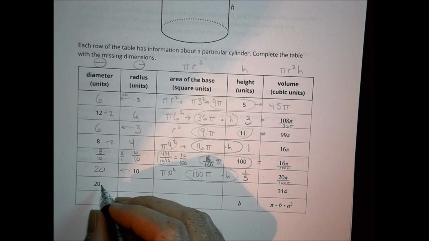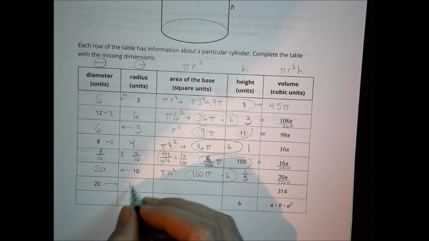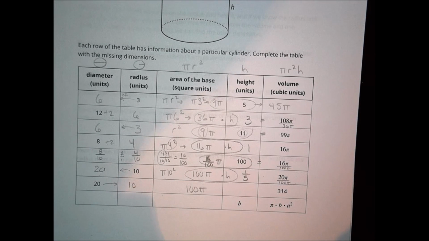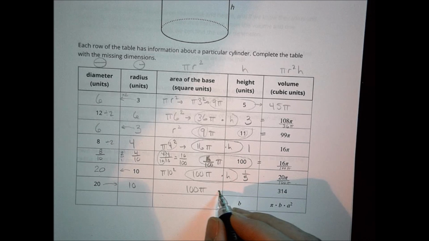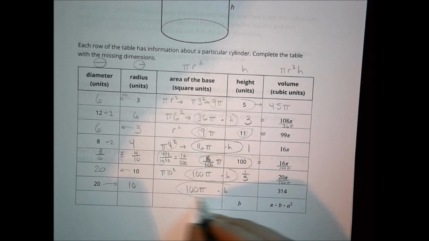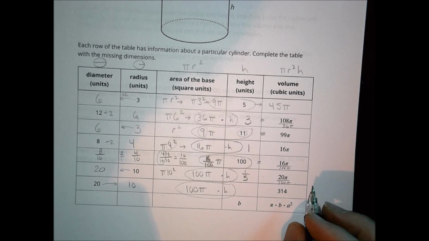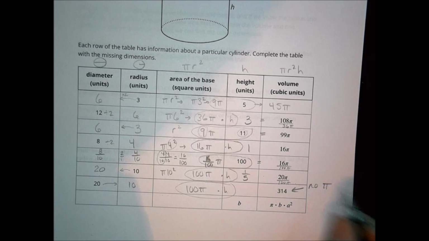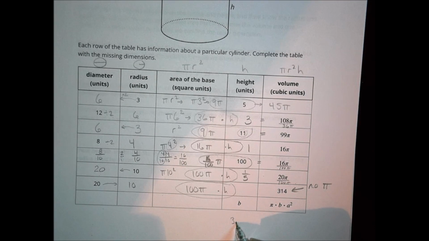Okay, on this one, 20 dividing in half gets you to 10. We already know that's going to be equal to 100 pi because we just did that. But now 100 pi times something is going to be equal to, in this case, 314. Notice that in this case here, there's no pi value, is there? So it's been multiplied out. We know that pi is 3.14, right?